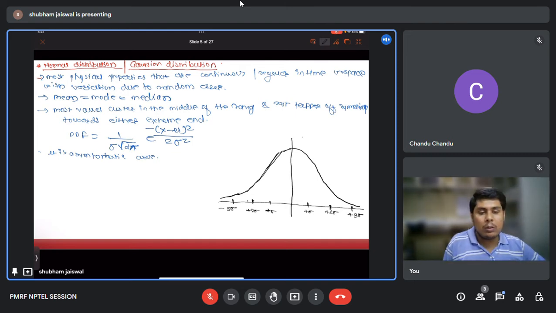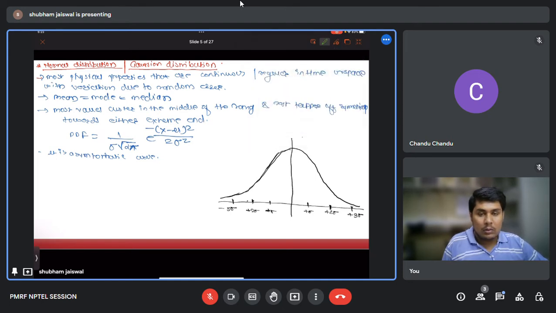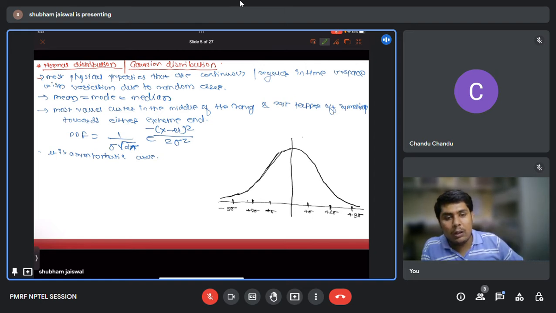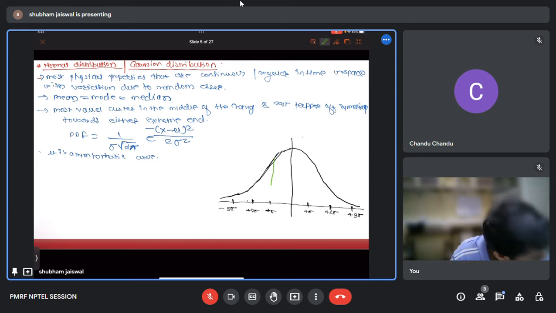So in this normal distribution curve, it covers 68.2% of values in the sigma limit, that is minus sigma and plus sigma.